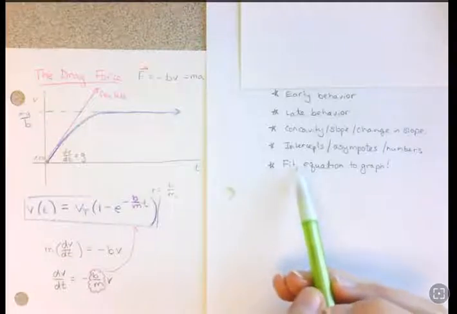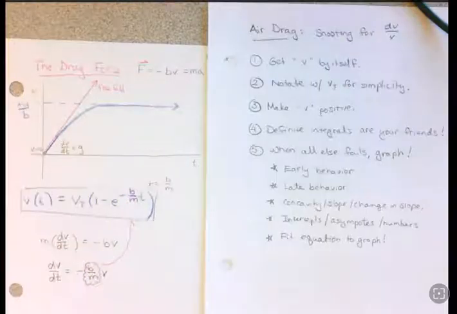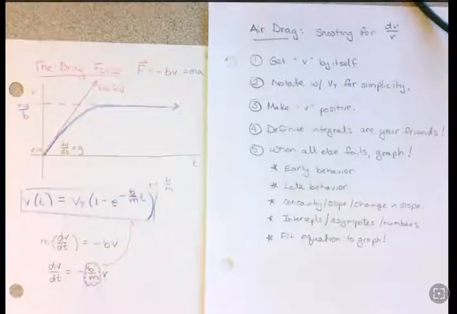This works for the drag force, and it works in any differential equation where you have the derivative equal to the original function with a minus sign out front to make it decay instead of growth, and some collection of constants out front. However, if you particularly enjoy u substitution, here is the official first-year calculus way of how to solve an equation that looks like this.